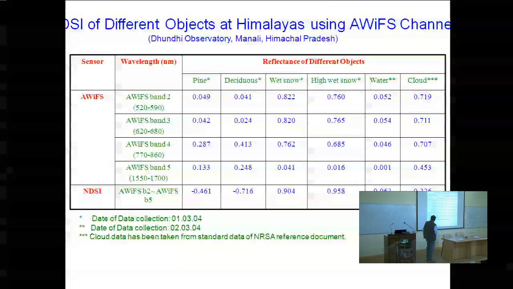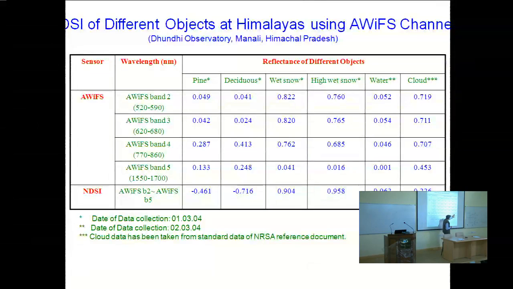The forest will have a negative NDSI, the snow very high NDSI around 0.9, and cloud has 0.2 NDSI, and water is the only land feature in this terrain which has an NDSI which is close to snow.